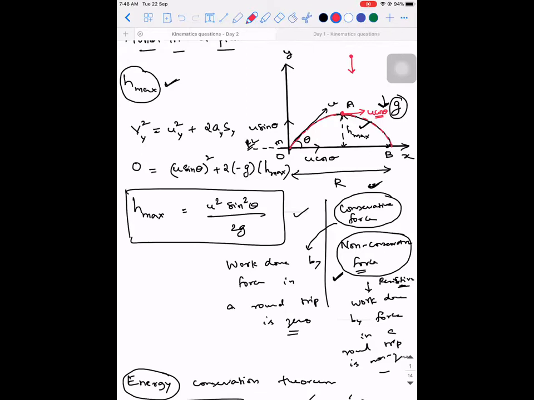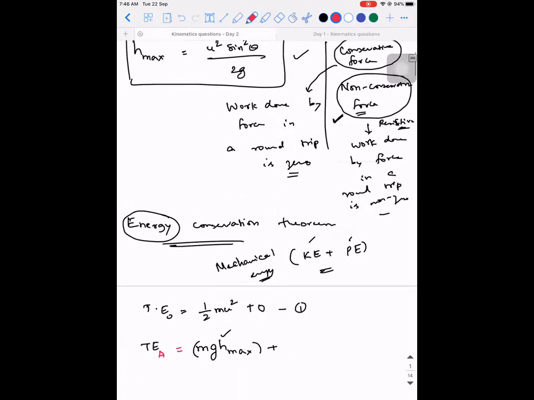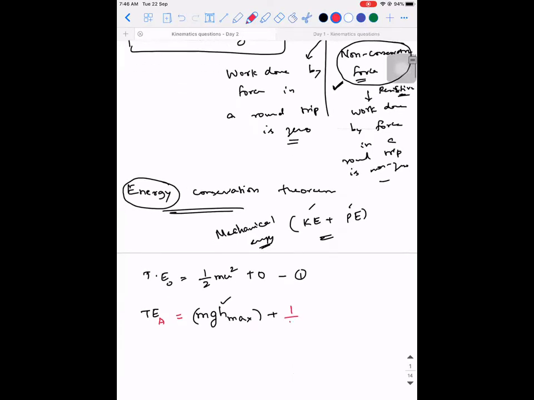Okay. Now tell me what is kinetic energy. Plus half m (u cos theta) whole square. Very good. u cos theta square. Everyone, are you clear with this? Yes, sir.